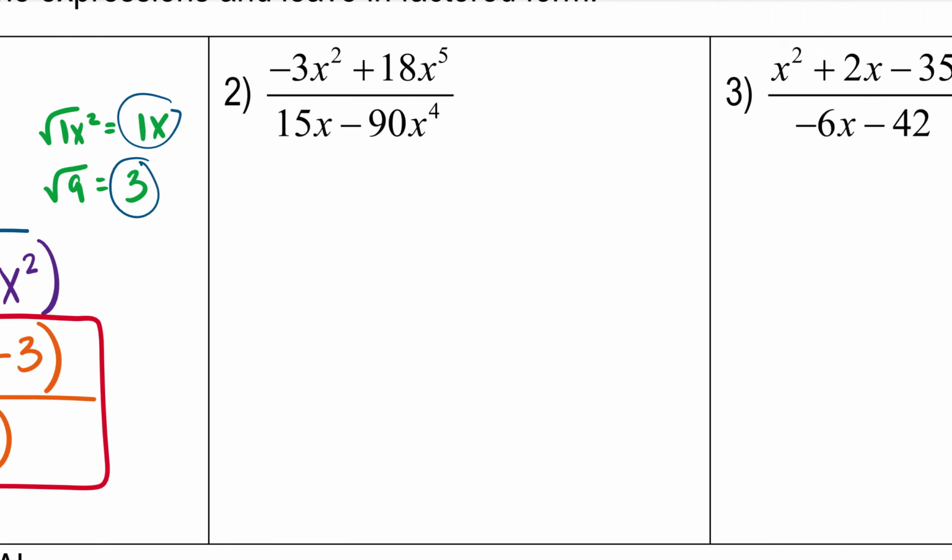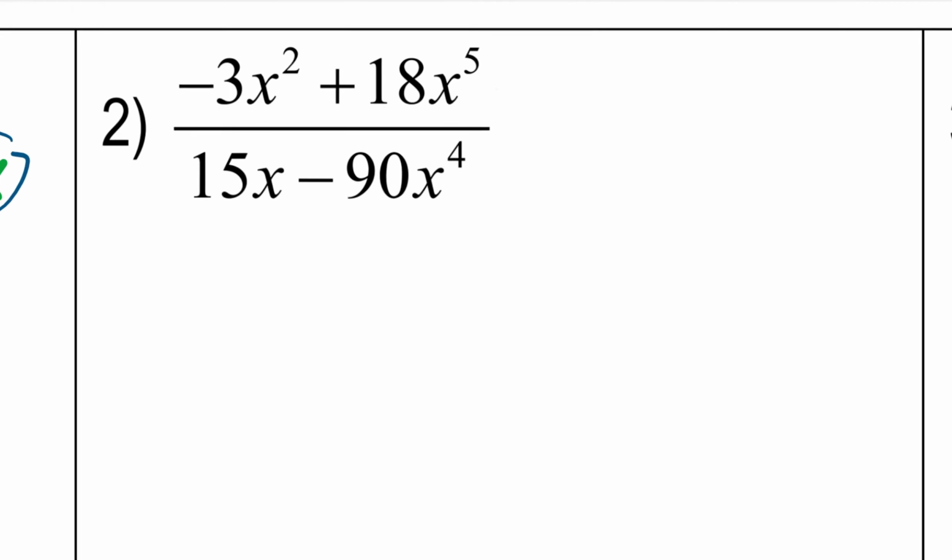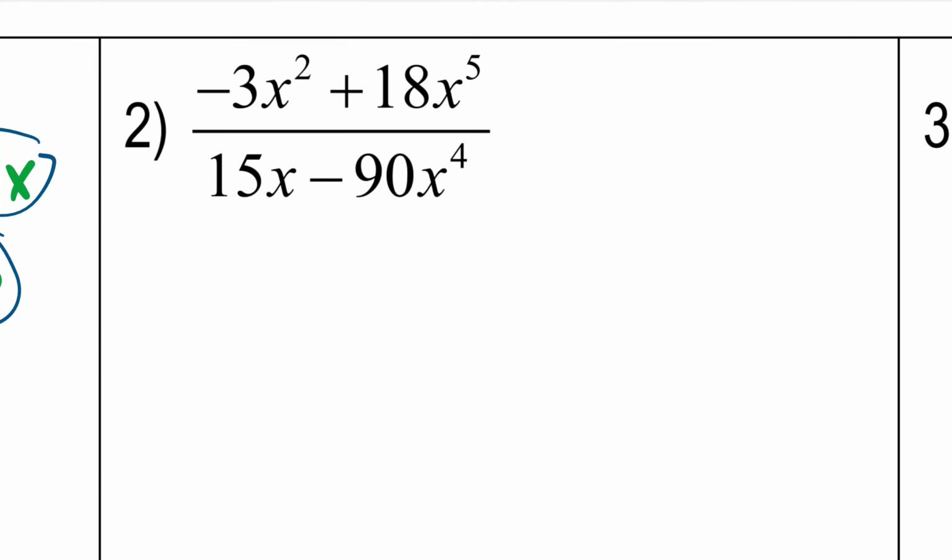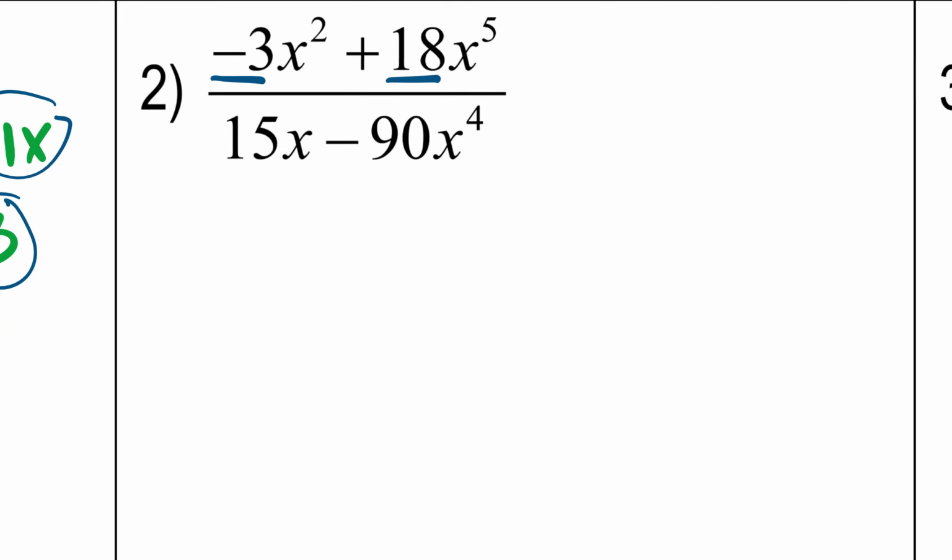Okay, so let's move on to the next one. So GCF, let's look at the top. I have -3 and 18. Okay, I can divide those by 3, right? -3 divided by 3 and 18 divided by 3, I can do that. Now, one thing to take note is when do you know the GCF is negative?